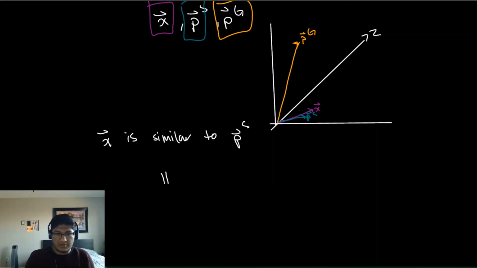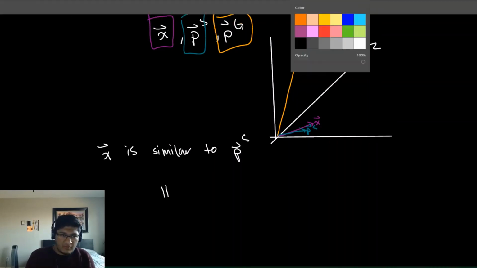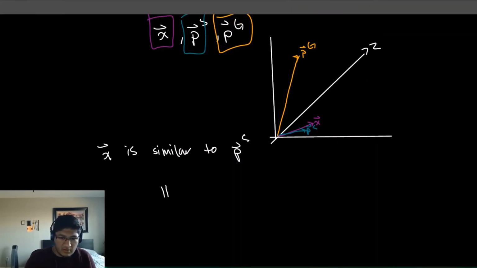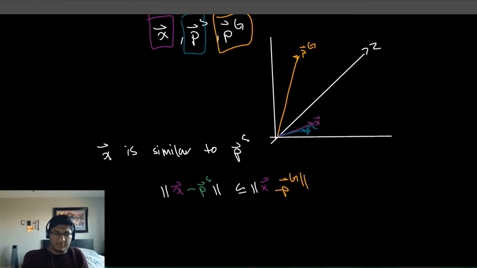This will be our equation: the magnitude of X minus PS should be less than the magnitude of X minus PG. There should be less distance between these two than there should be between X and PG. So look at this equation and see if it makes sense.